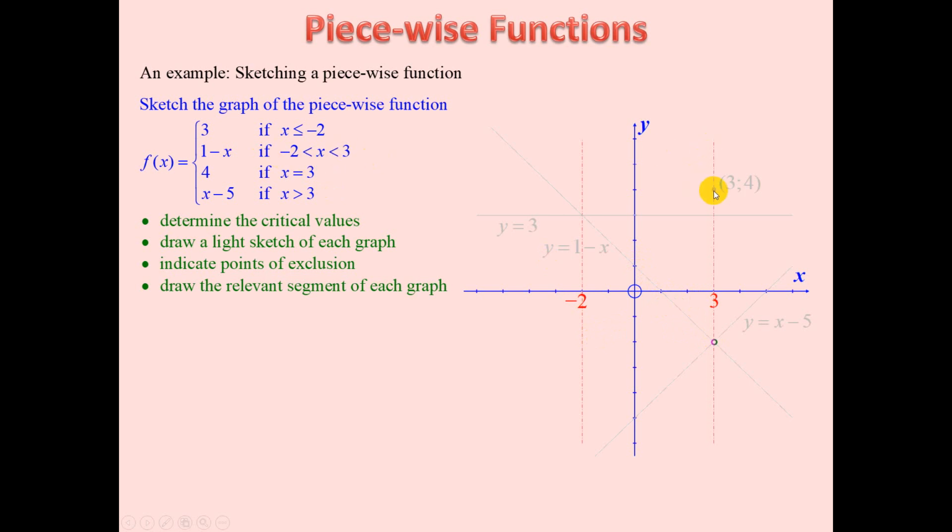We're going to put in the solid dot there for the point 3, 4. And we're going to draw the graph y equals x minus 5, but only for x greater than or equal to 3, only to the right of it. So there they go there. Now you notice I have now indicated the axis intercepts at this stage.